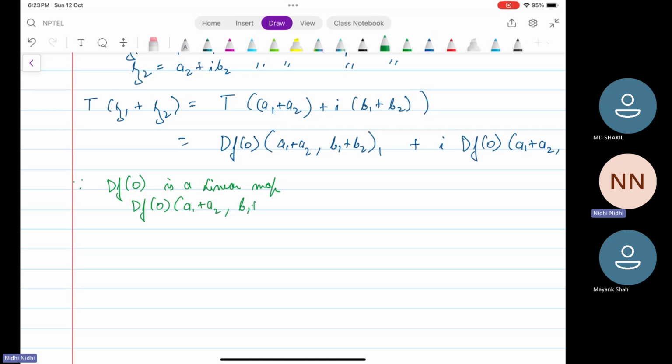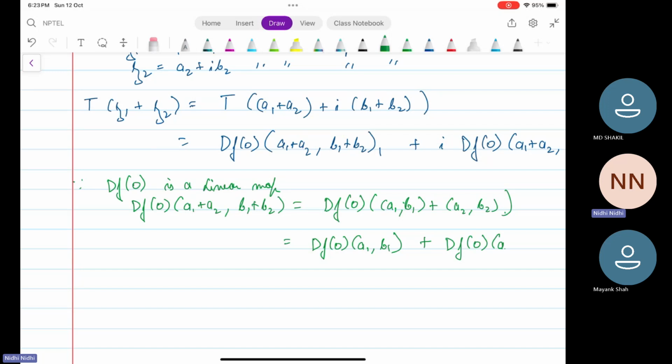This is equal to df0 at a1 comma b1 plus a2 comma b2, and this will be df0 at a1 comma b1 plus df0 at a2 comma b2 due to linearity.